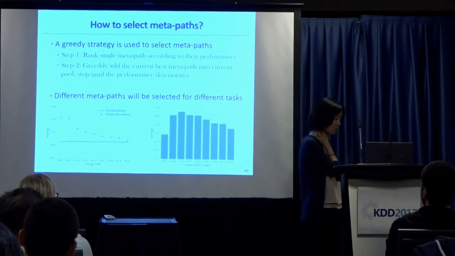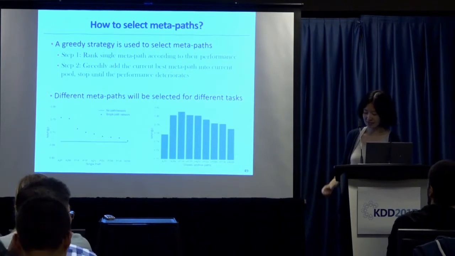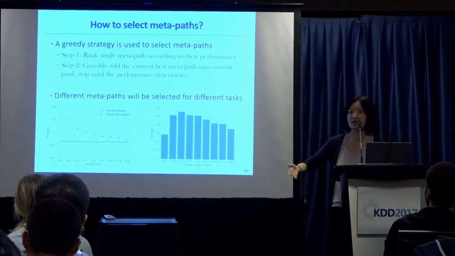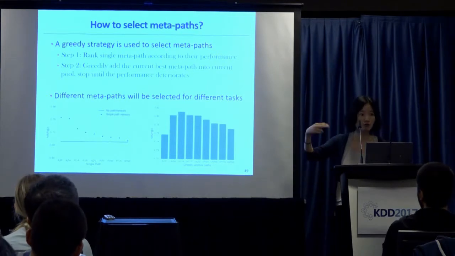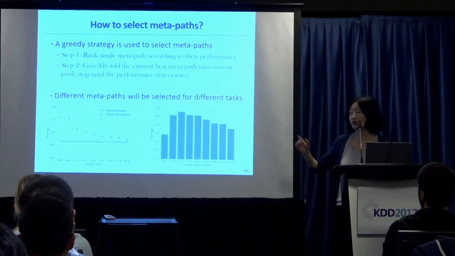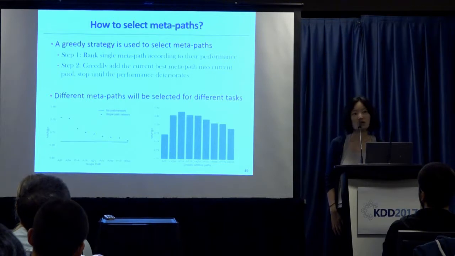Originally, we wanted to learn a weight like in our previous two tasks. In the user preference propagation and the graph regularization works, we tried to learn the importance weight. Initially for this one, we also wanted to do that, but we failed.